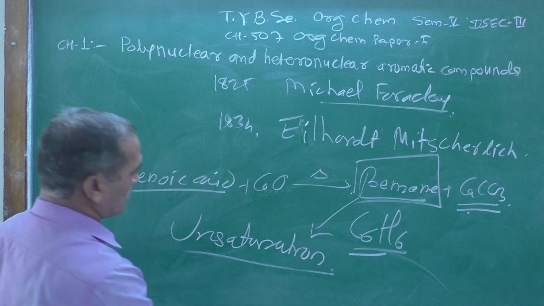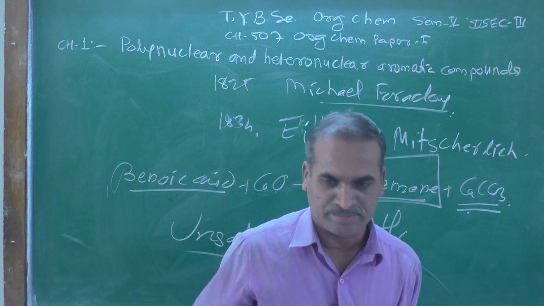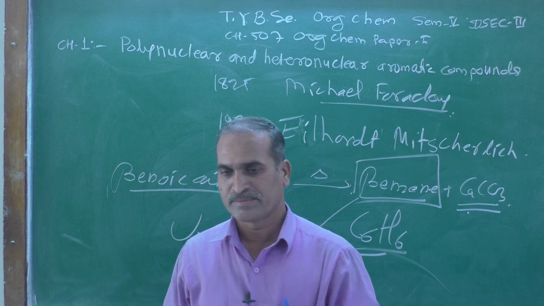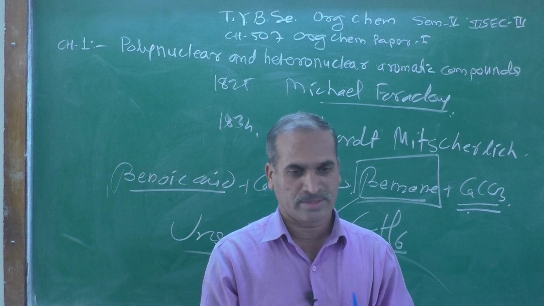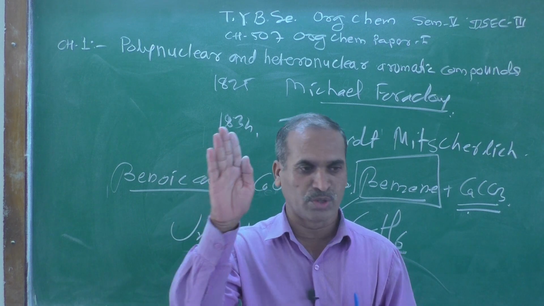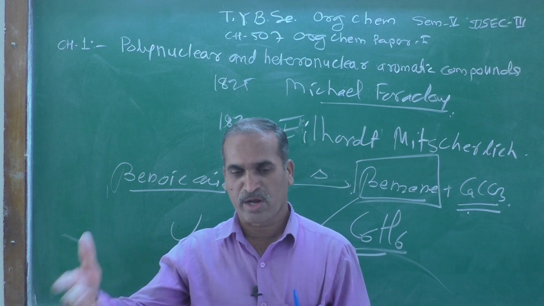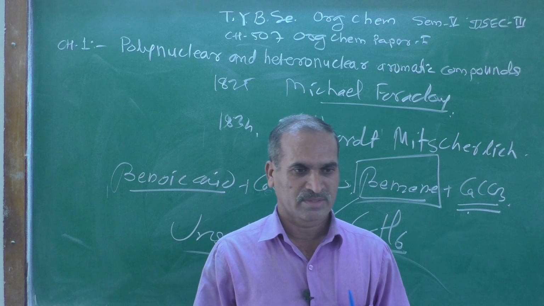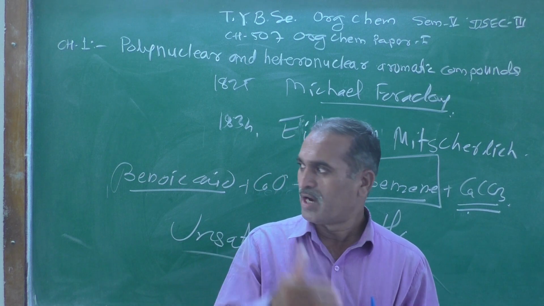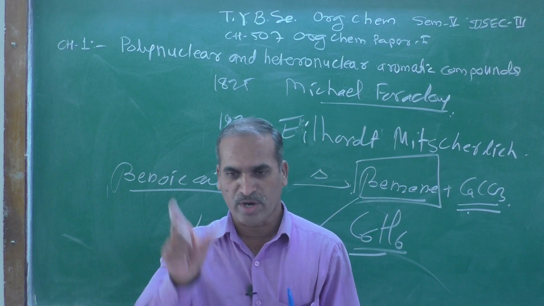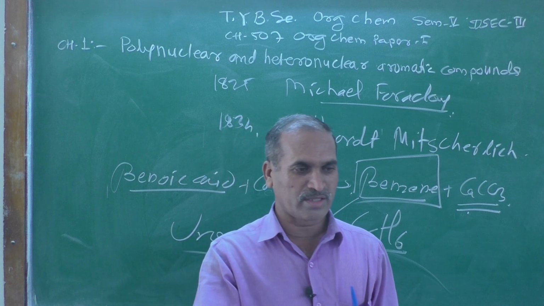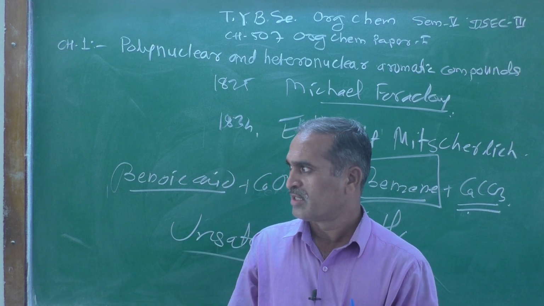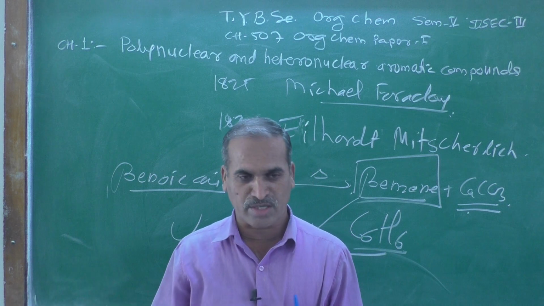Do you know unsaturation and saturation? Once again, the organic experiment is during performing organic qualitative analysis. There is one test to identify whether the given compound is saturated or unsaturated.